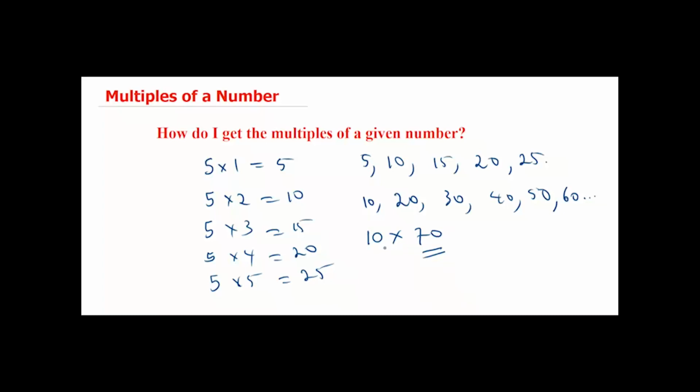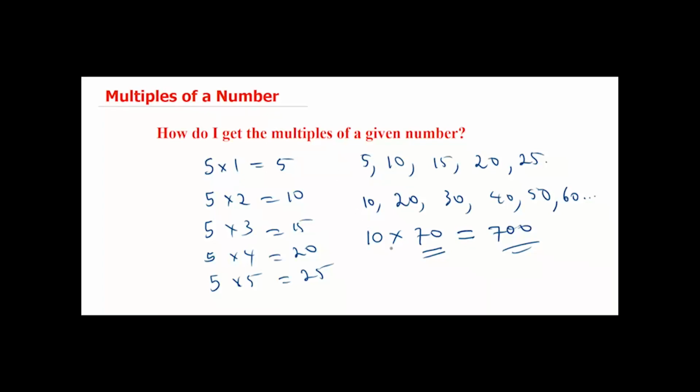This easily gives me the answer, and it will be 700. If you are counting in tens, it will take you a long time. You will go a long way before you get to 700. So that is why multiplication is better than counting in tens.